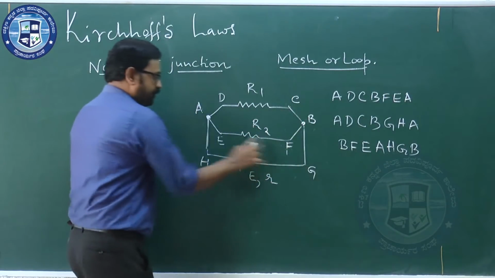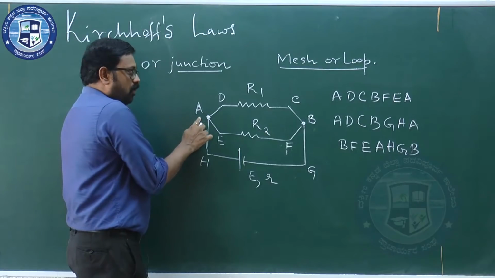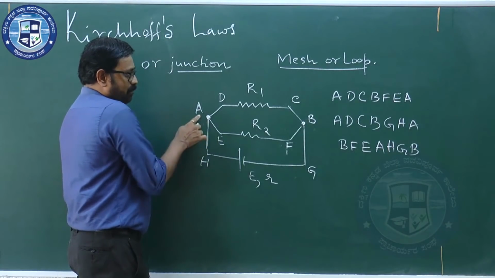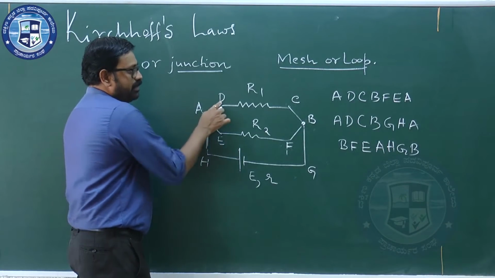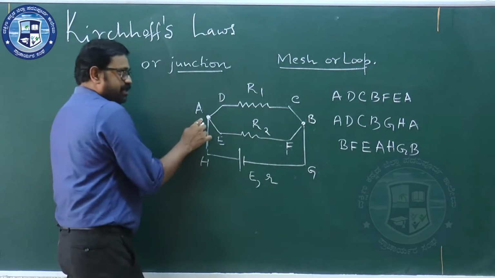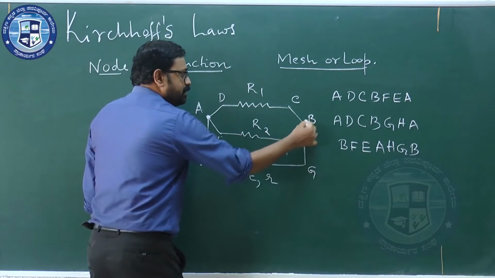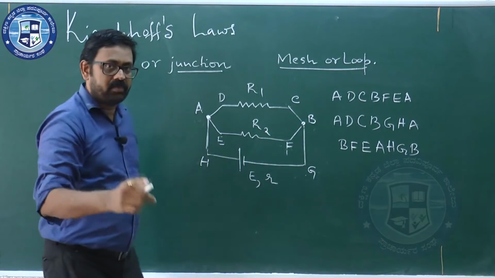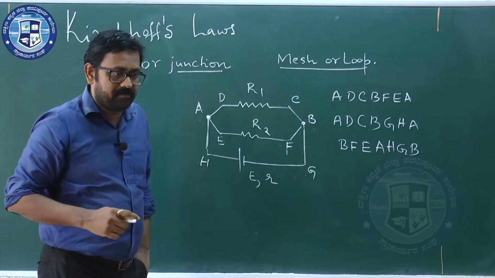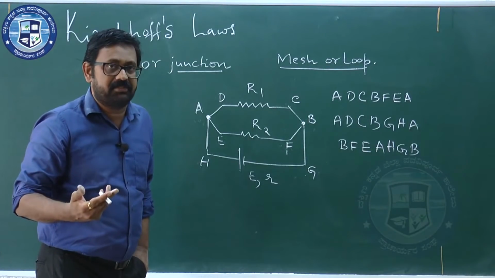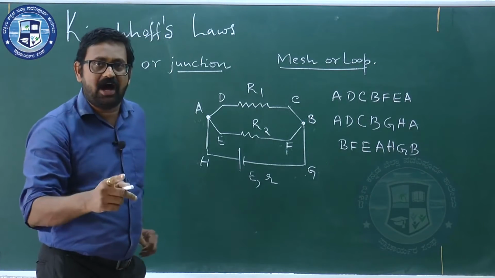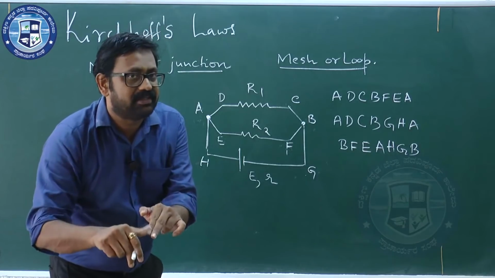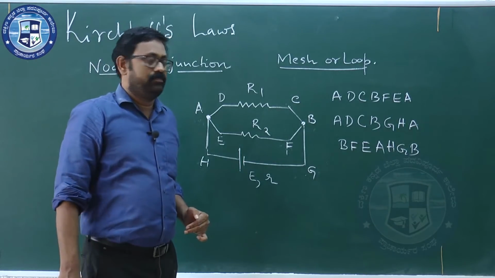What you notice here is, when you are naming the mesh, from which point you start, at the same point you should end. Then only it will become a closed path.